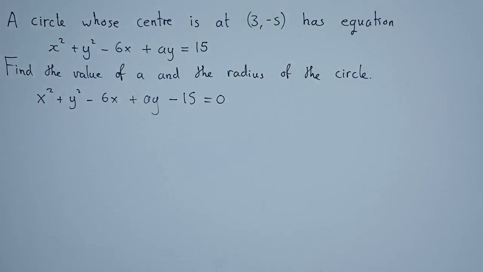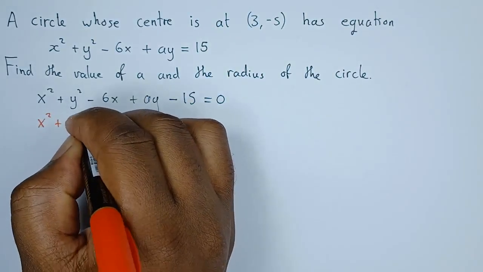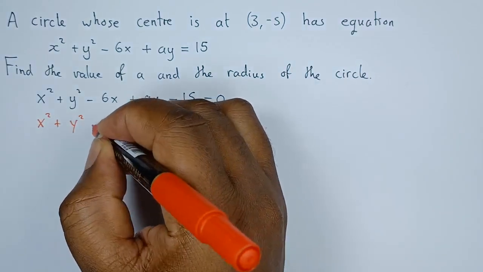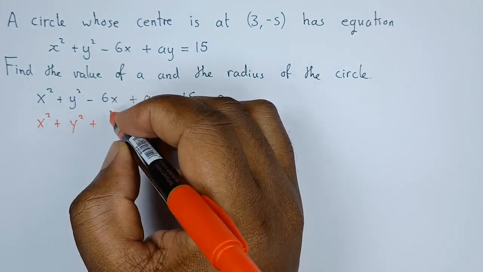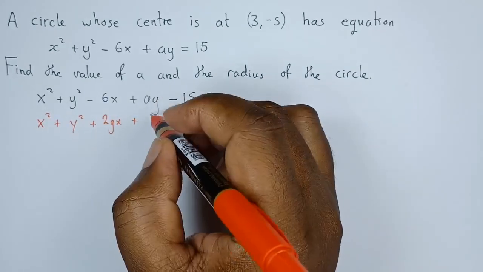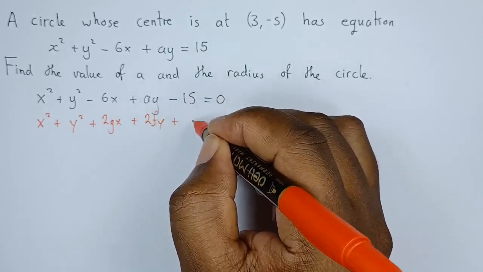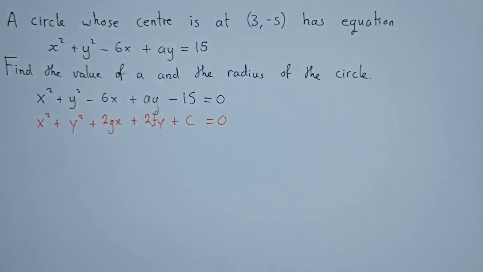So the general form of the circle, if you want to find the center, it is given as x squared plus y squared plus 2gx plus 2fy plus the constant, and this is equals to 0. Okay.